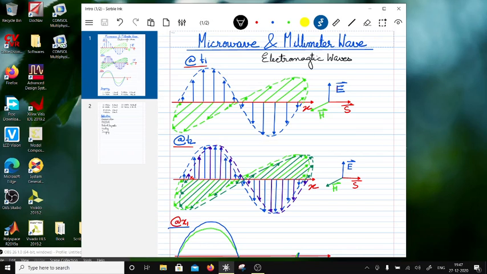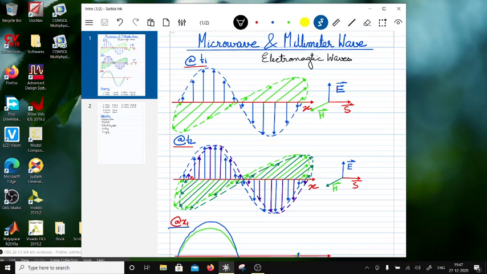So for an EM wave to exist in a medium, you do not require anything from the medium. The propagation basically is E supporting H and H supporting E. So that is called electromagnetic waves. And the second thing is that if the electric wave is, let's say, sinusoidal in nature for simplicity, then the magnetic wave is also sinusoidal in nature.